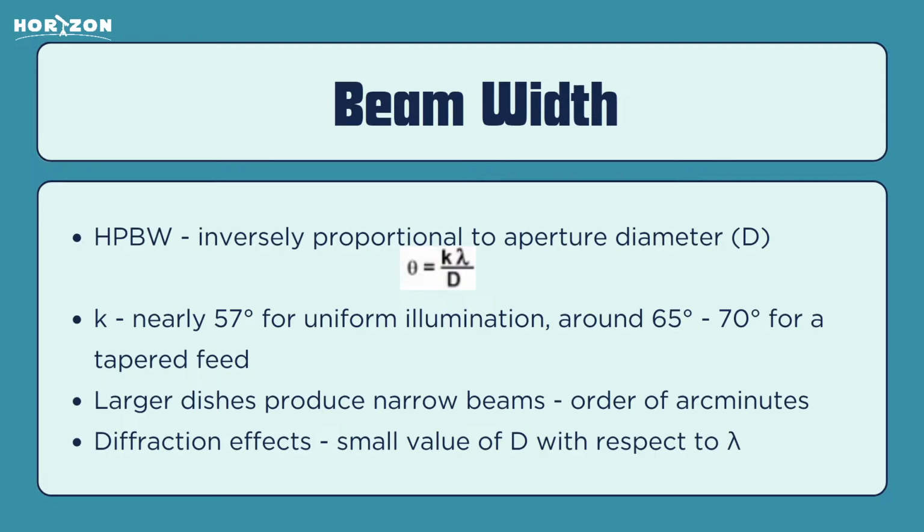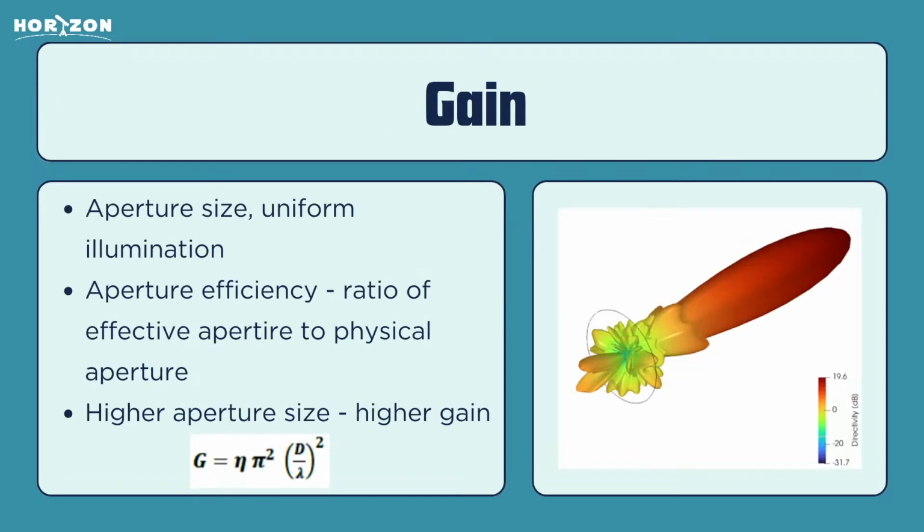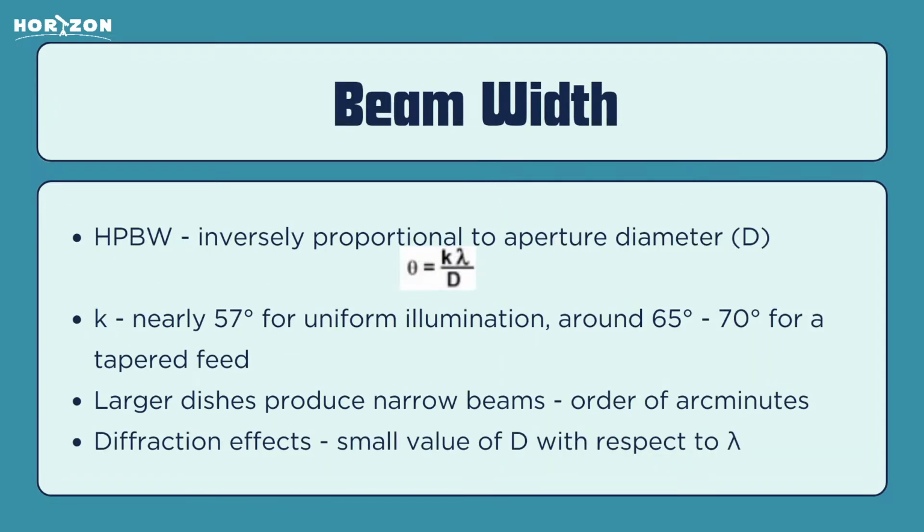Larger dishes produce narrow beams, sometimes of the order of arc minutes, which is why parabolic reflectors are used for long range communication and for astronomy. One thing to be noted is that if the dish size were comparable to lambda, the diffraction effects would become significant, and that may even cause the gain to decrease.